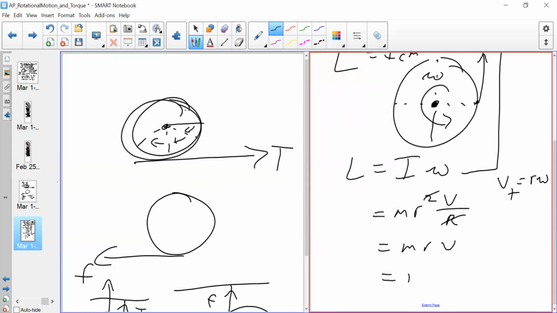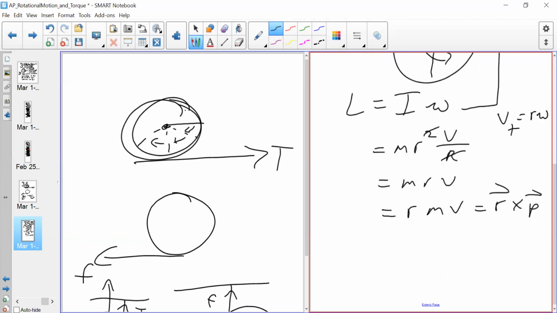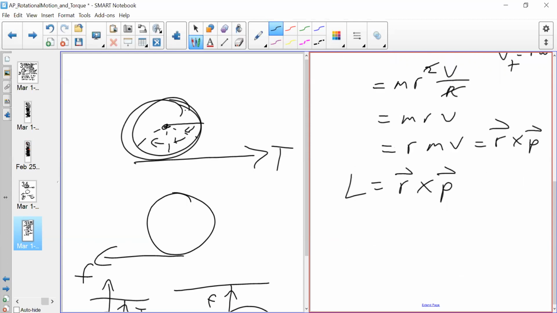This would come out to be r mv, or the radius crossed with the linear momentum. That's the technical form of angular momentum: a new vector formed from the cross product of the radius and the linear momentum. So what else does that look like?